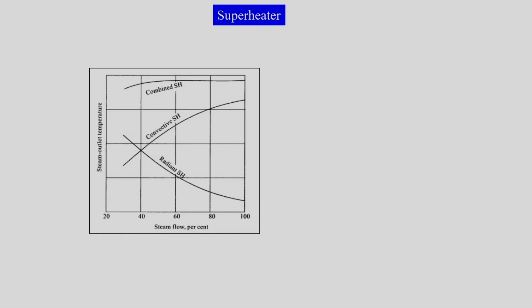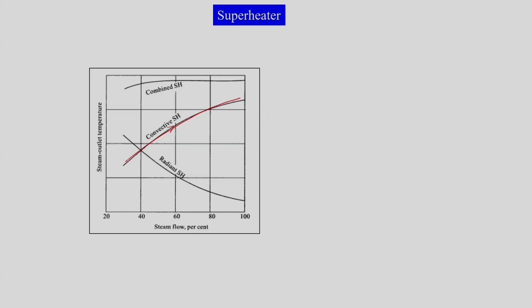As we have said, if we increase the steam flow rate, then the convective heat transfer rate will increase in this fashion, but the radiant superheater will have a lower heat transfer rate with the increase in steam flow rate. But we have one more type of superheater, called the combined superheater, which will take both forms of heat.